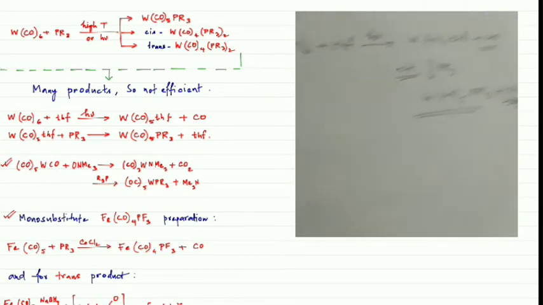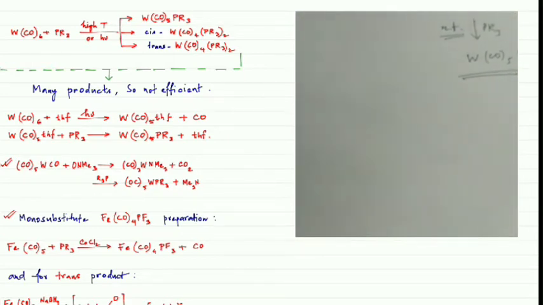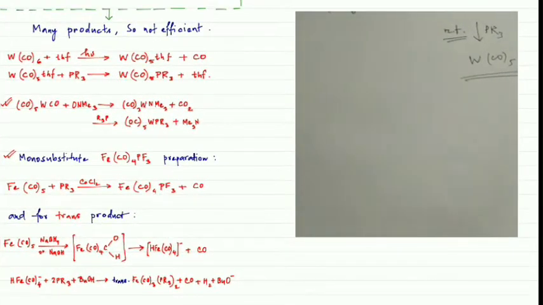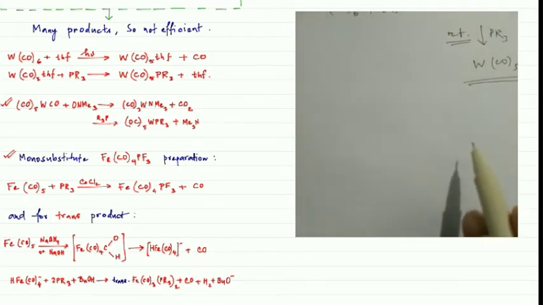Okay, so this is your first example, and if you go to the notes, then you can see some examples in which they use some different technique to prepare some products. There are mainly two examples given, and the last example is the monosubstituted iron CO4 PF3.